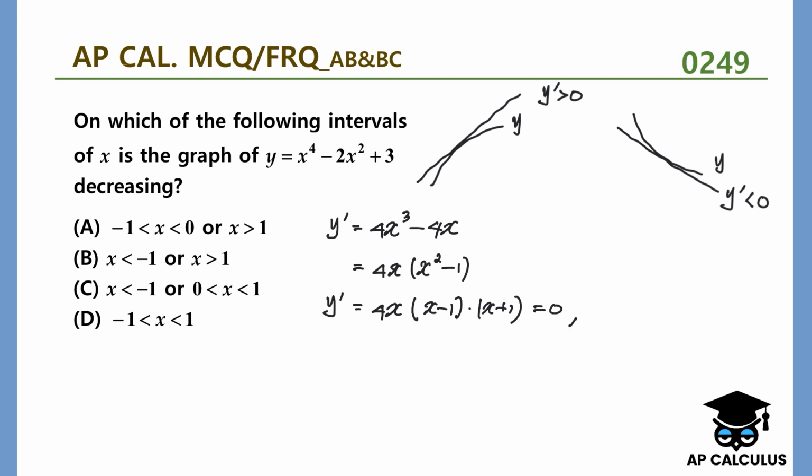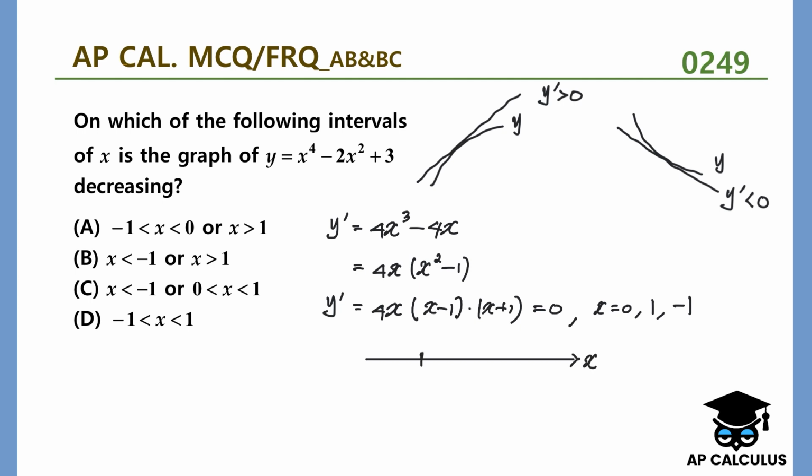So our critical points are x equals 0, 1, and negative 1, right? We have 3 critical points, and we're going to perform the first derivative test. So let me draw this horizontal line. This is a number line, x.